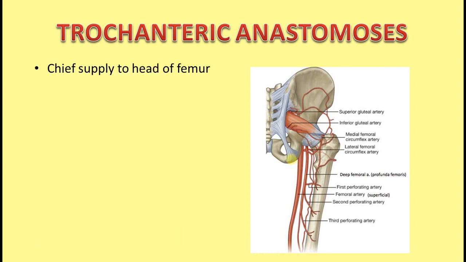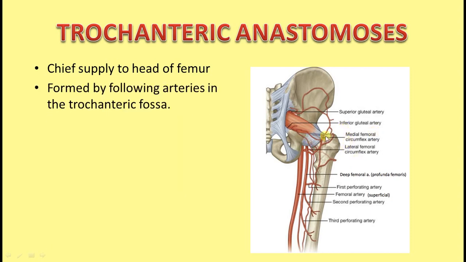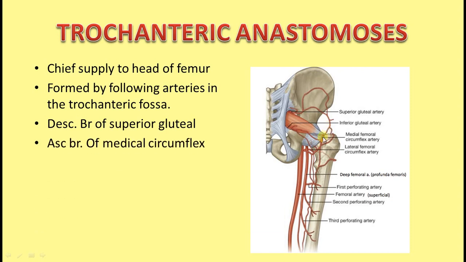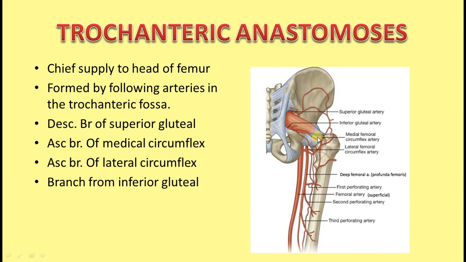The trochanteric anastomosis is the chief supply to the head of the femur. Here you are able to see the trochanteric anastomosis on the greater trochanter. It is formed by the descending branch of the superior gluteal artery, the ascending branch of the medial circumflex, sorry for the spelling mistake, then the ascending branch of the lateral circumflex, and also a branch from the inferior gluteal artery.